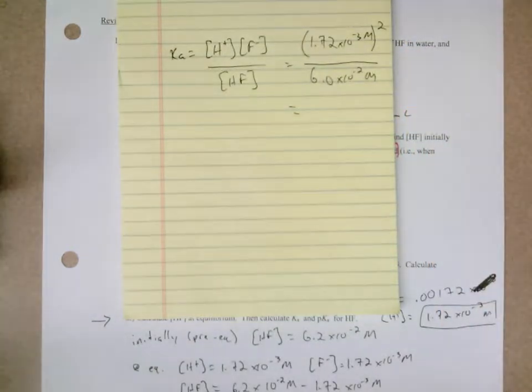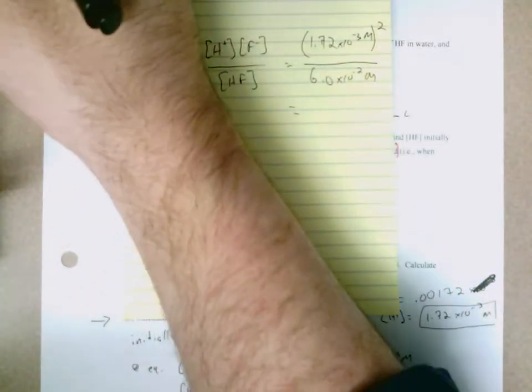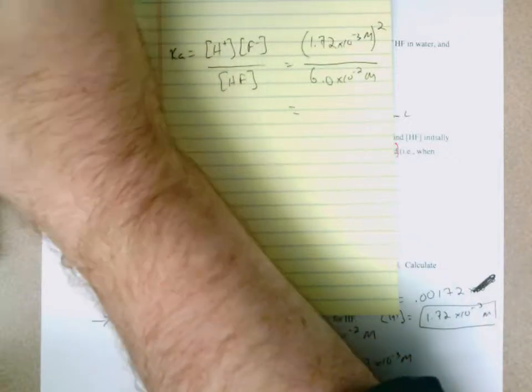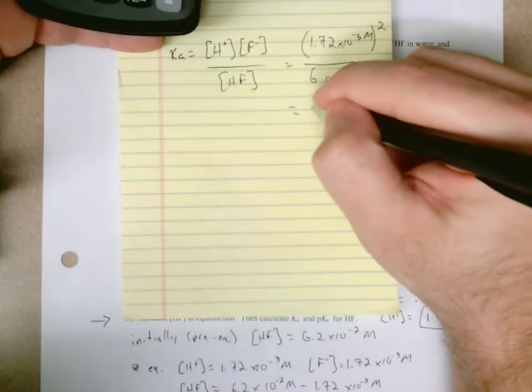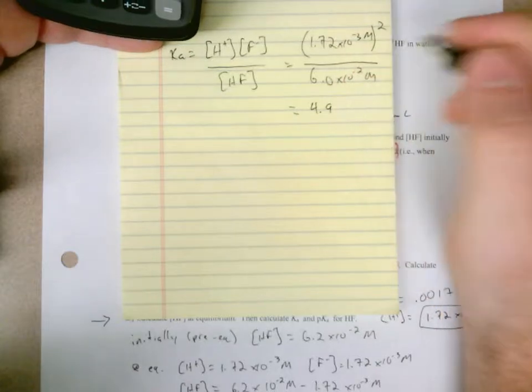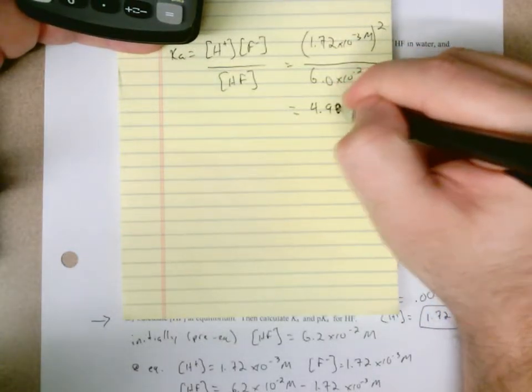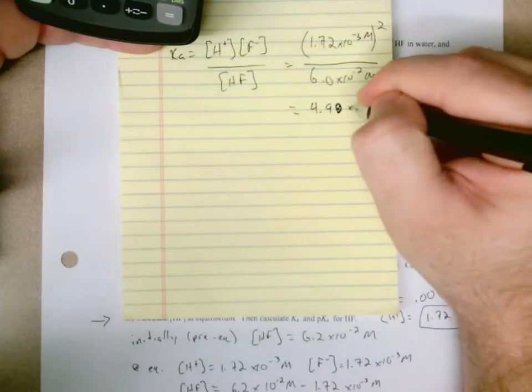Let me type that in again, just to make sure. I get an answer, okay, but we are a little dubious of this answer, but I guess I know the reason why. So we get 4.93, or really just 4.9 times 10 to the minus 5.